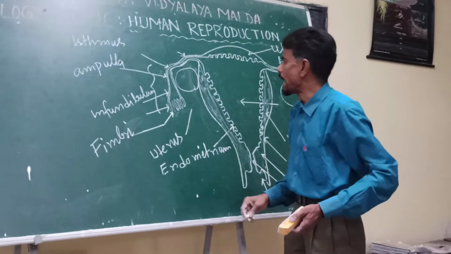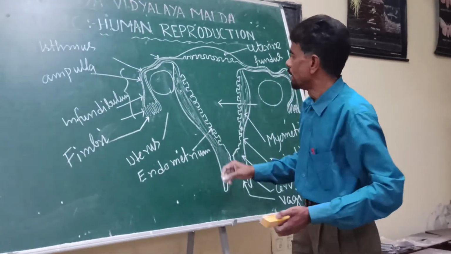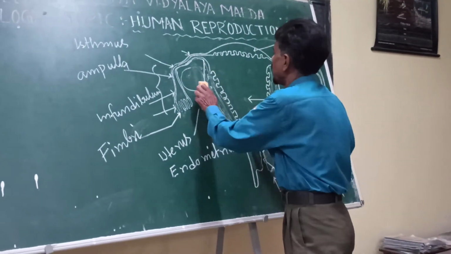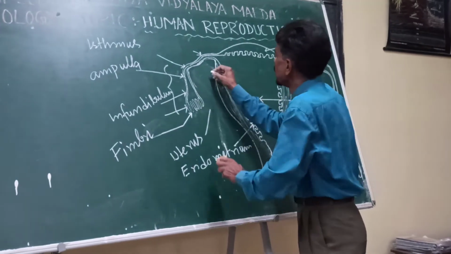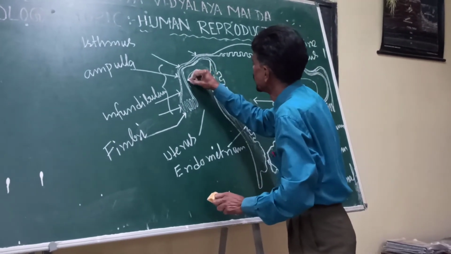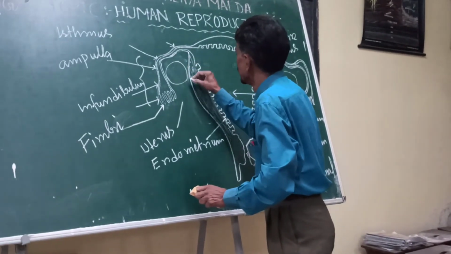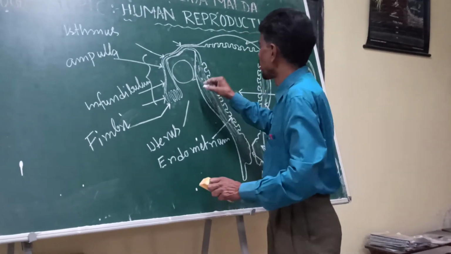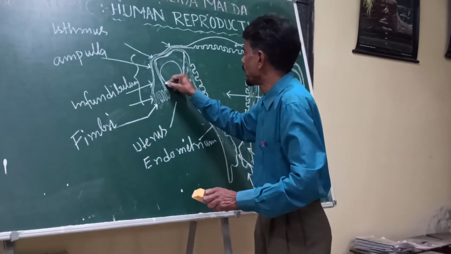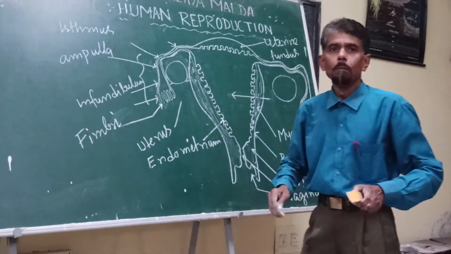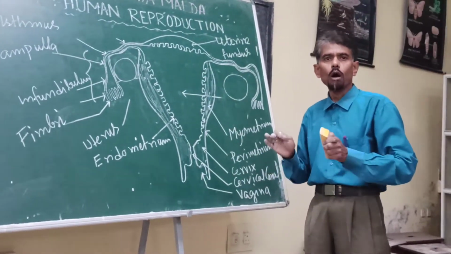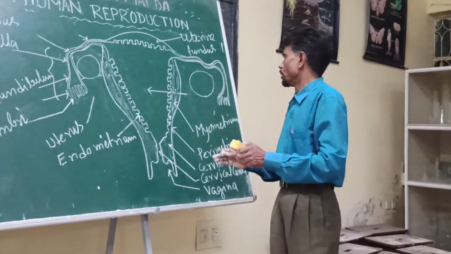One ovary is slightly bigger than the other, and it is connected on one side with the uterine wall and on the other side with the pelvic region of the body.